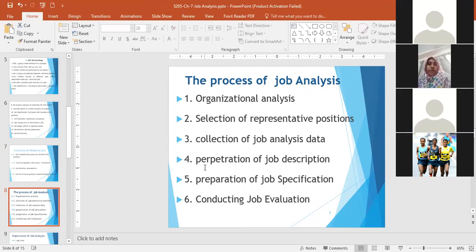topic is the process of job analysis. So what is the process of job analysis? Every discussion is related to one another, right? So first of all, number 1 in the process of job analysis, the first work is organizational analysis, okay. That means you have to first analyze the concerned institution.